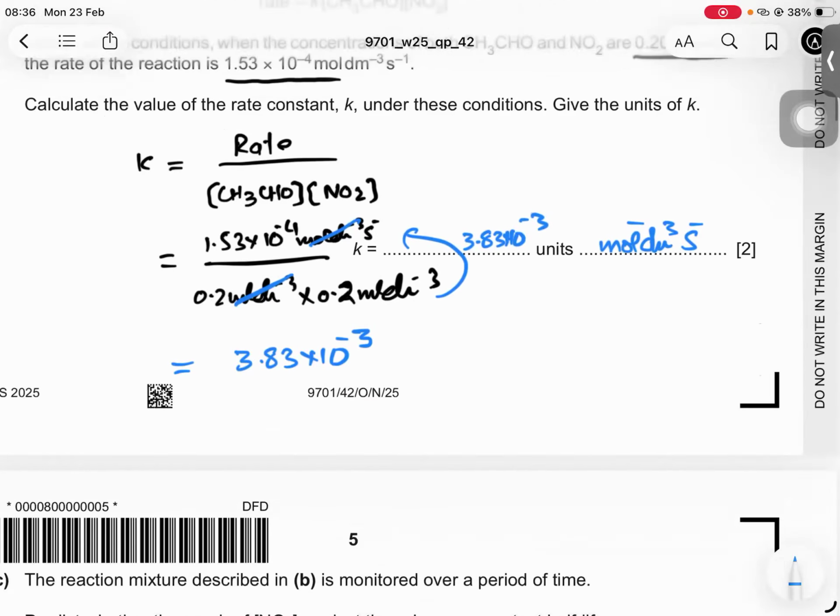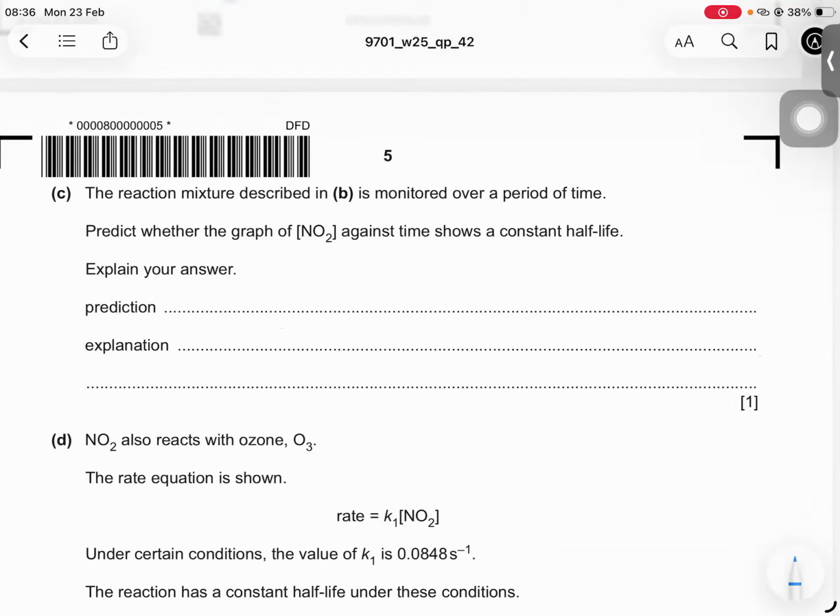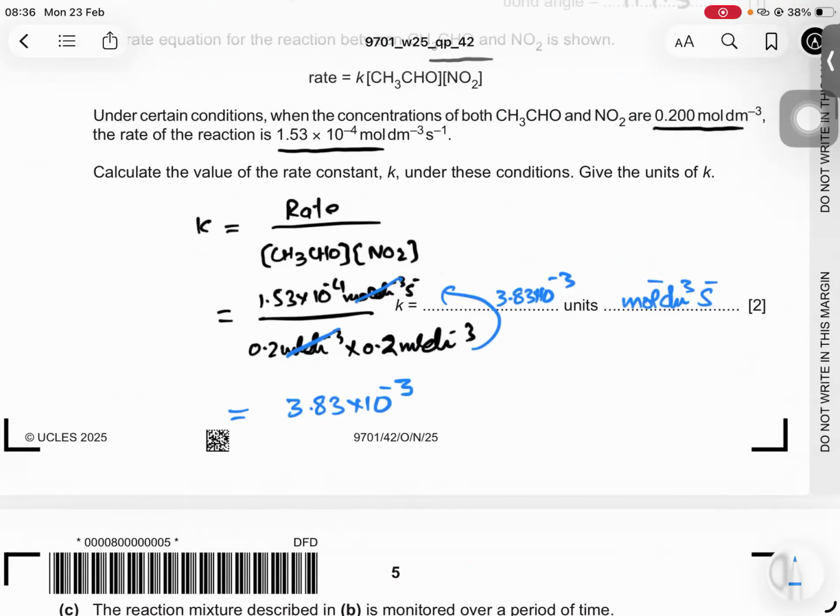The reaction mixture described in B is monitored over a period of time. Okay, this is the reaction mixture he is talking about.